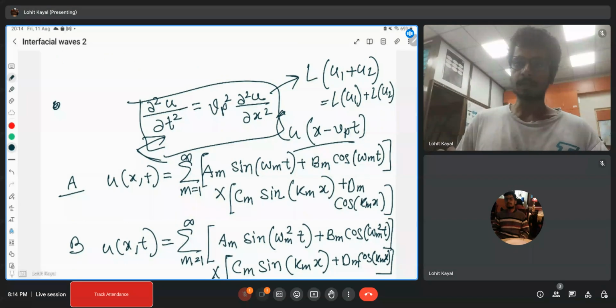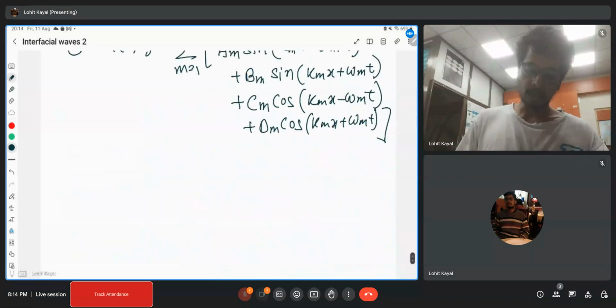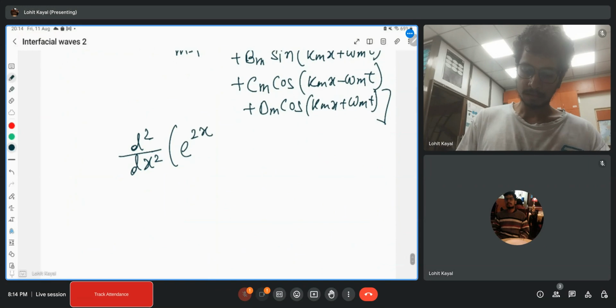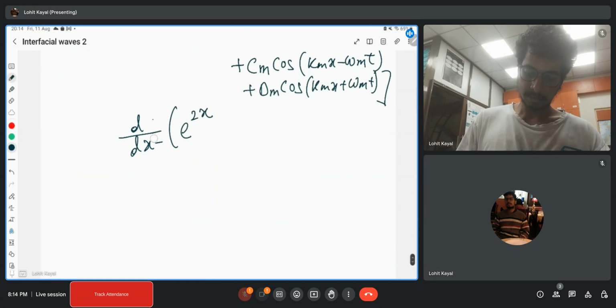Just think about it in this way. Suppose d square dx square of e to the power 2x, or just d dx, plus e to the power of 3x.